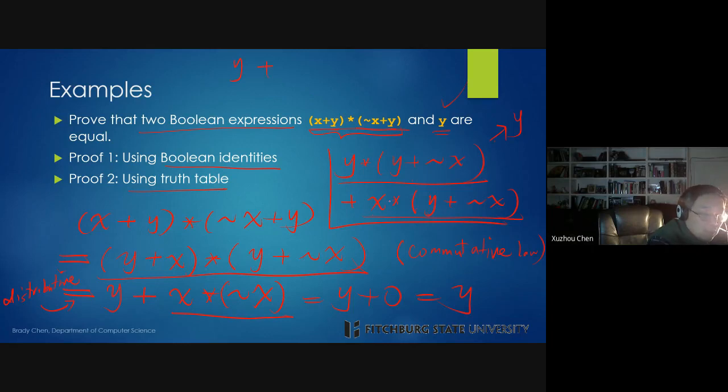The second one gives you x times y plus x times ~x, and that gives you 0. This one used the absorption law again. This gave you y. You see that one?